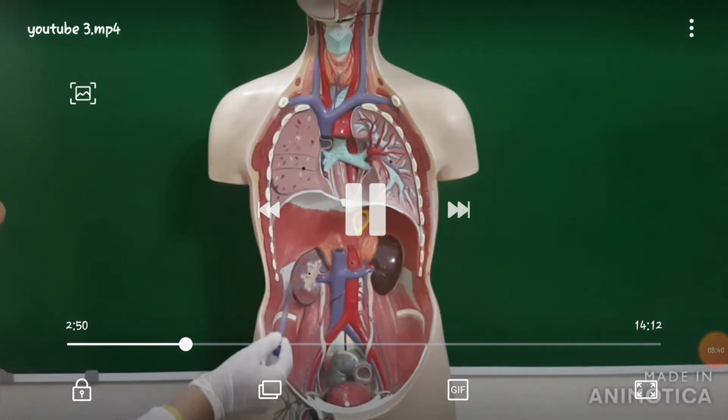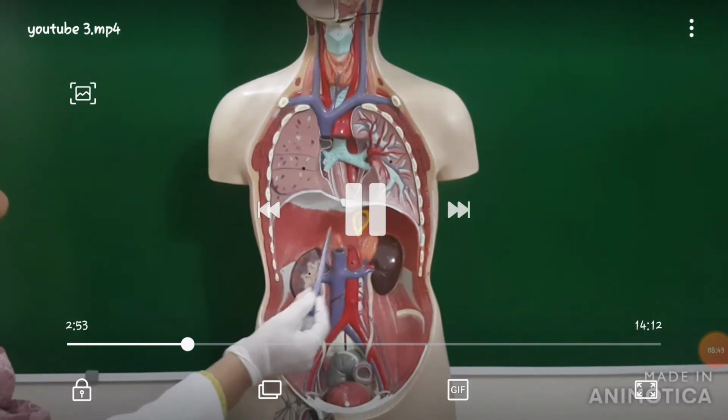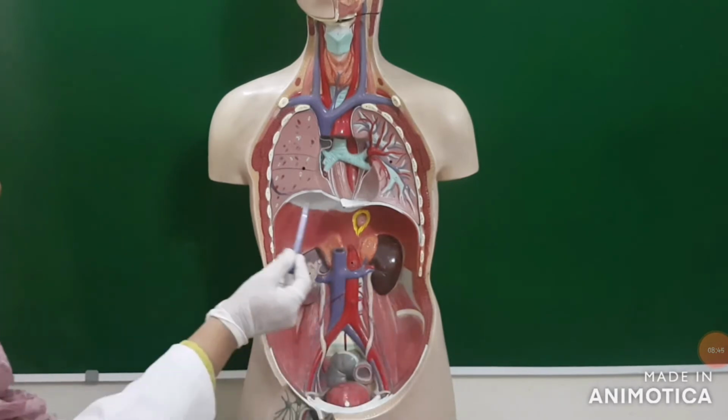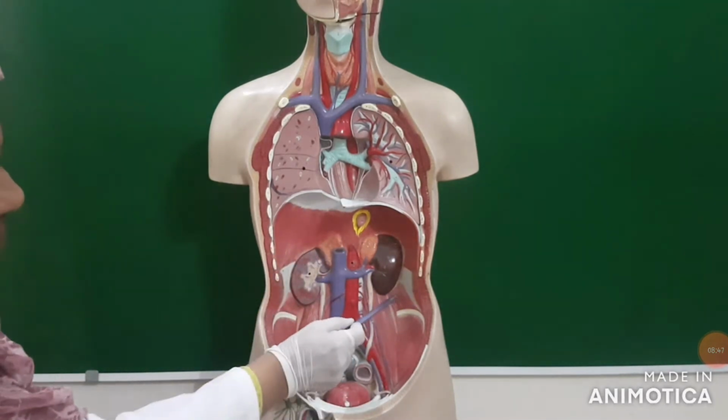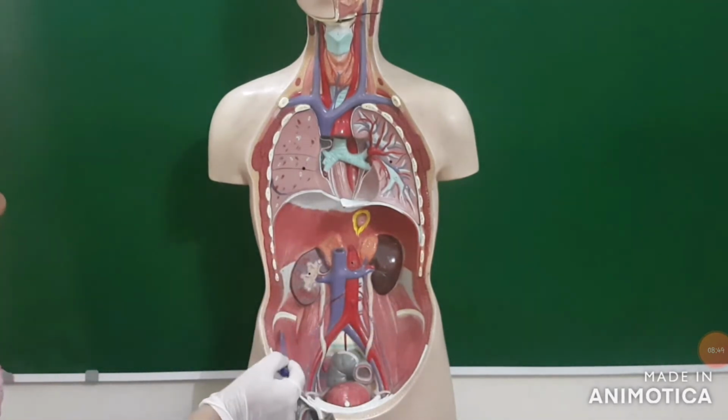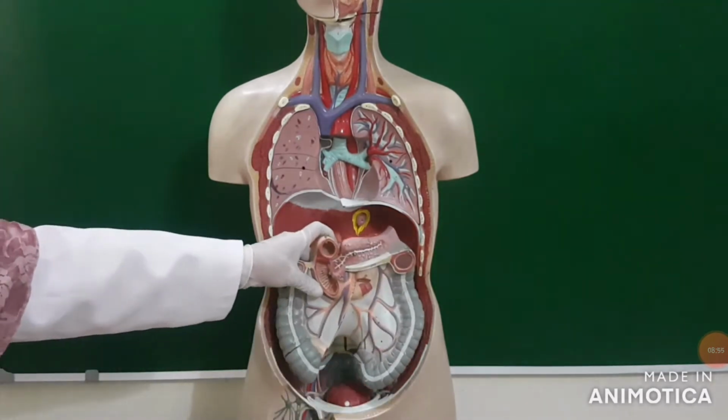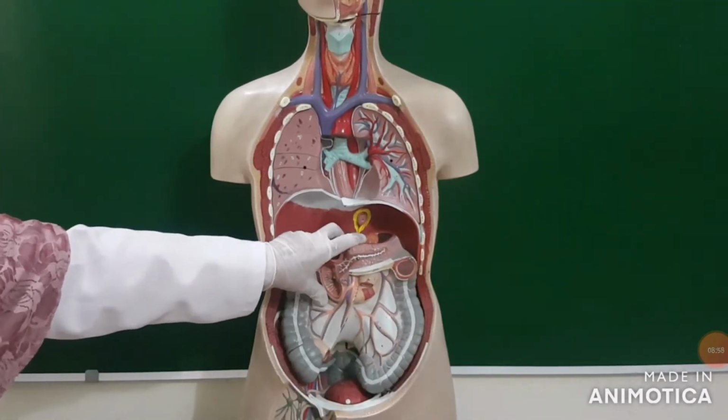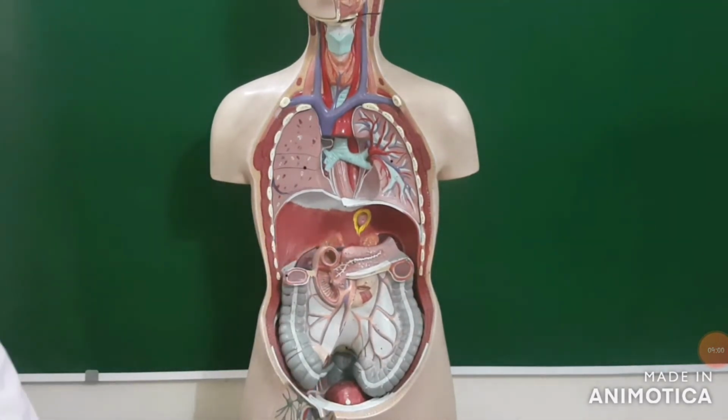This is right and left kidney, suprarenal glands, thoracoabdominal diaphragm. These are the muscles of the posterior abdominal wall. This is urinary bladder. Okay, and now we'll try to place the different abdominal organs within the abdominal cavity.